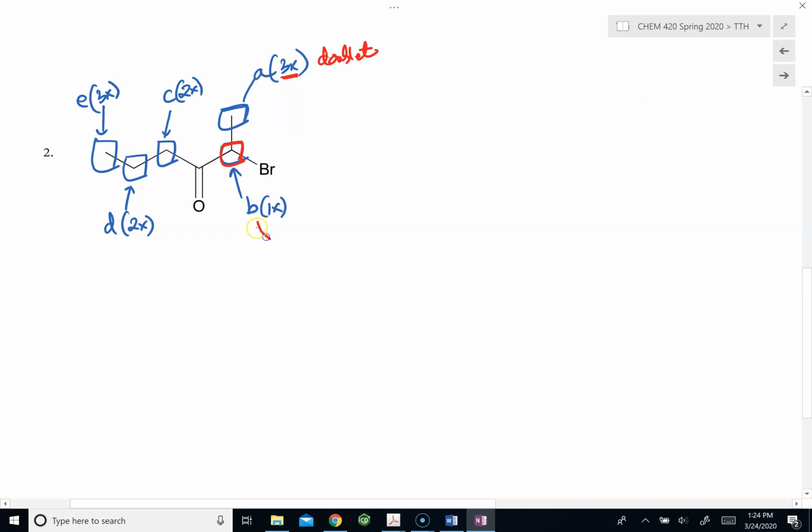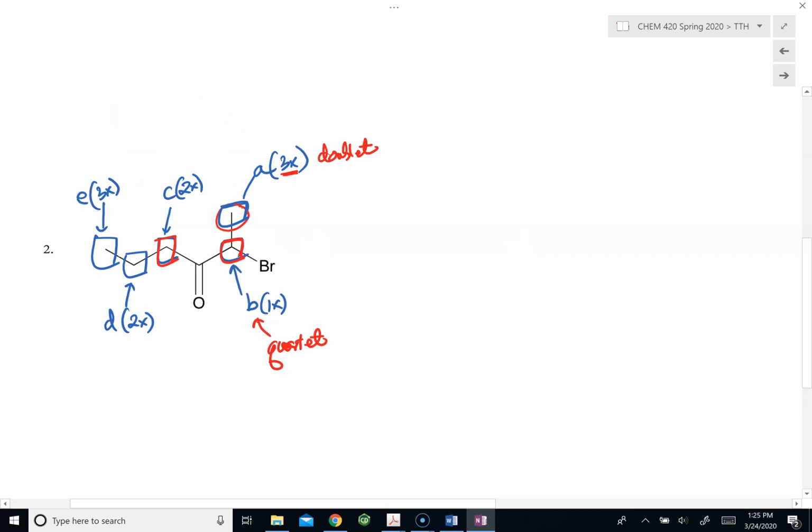And now signal B would be split into a quartet, because it has 3 equivalent neighboring hydrogen. And now signal C will show up as a triplet, because it has 2 equivalent neighboring hydrogen over here.